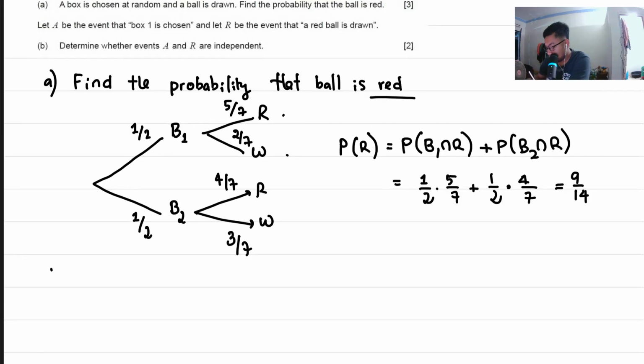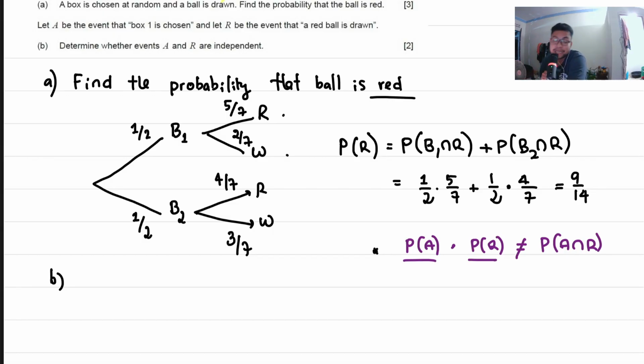In order to verify that, you must remember one thing: find P of A, which means box 1, P of R, which means red, and P of A and R. If P of A times P of R equals P of A and R, then A and R are independent. But if the multiplication of PA and PR is not equal to P of A and R, they're not independent. Do you understand?